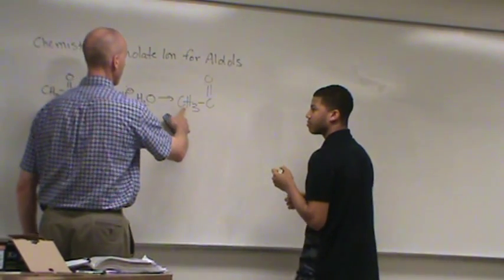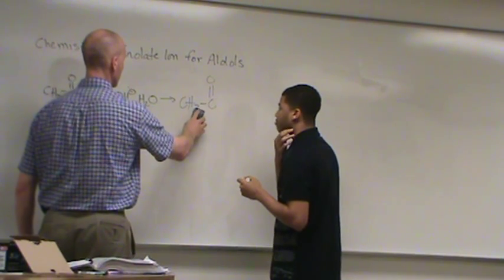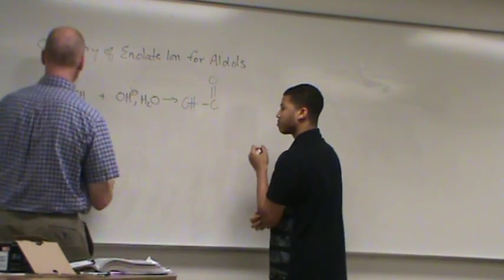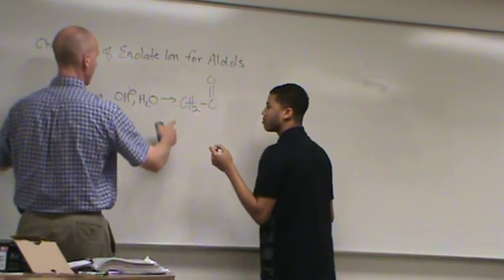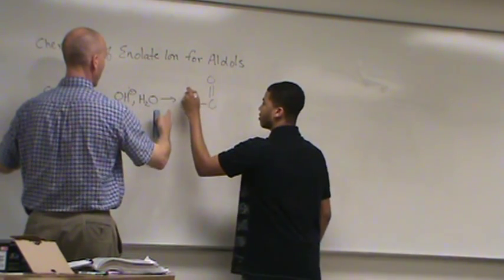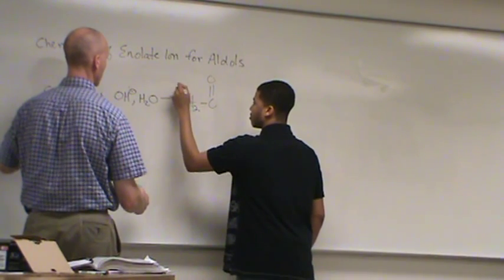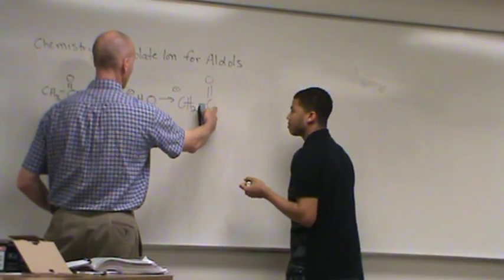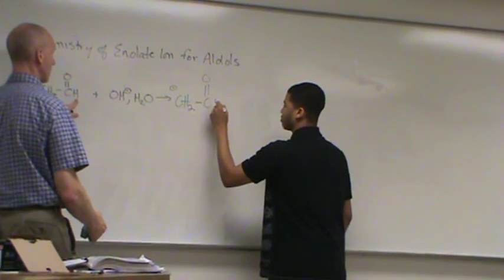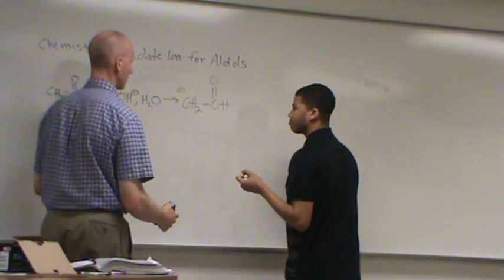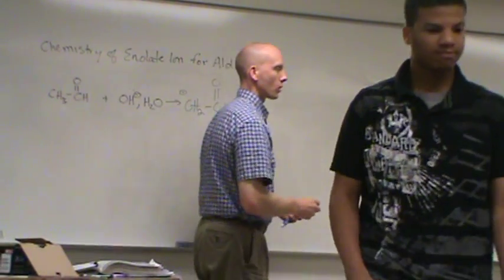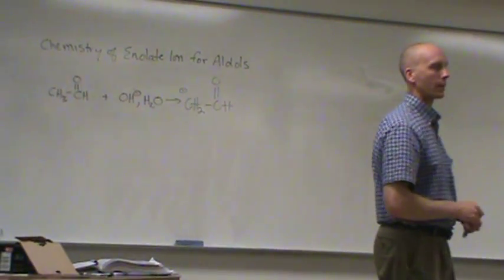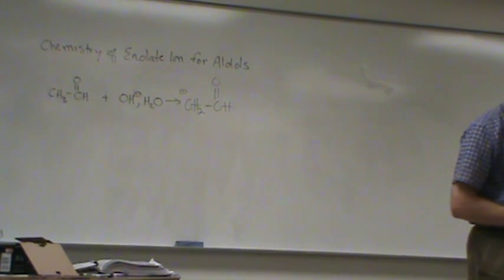You take off an alpha hydrogen. So let's take one off. That leaves us with 2 here, and that leaves a lone pair here with a negative charge. Keep that hydrogen there. So that's the first part of the enolate structure.